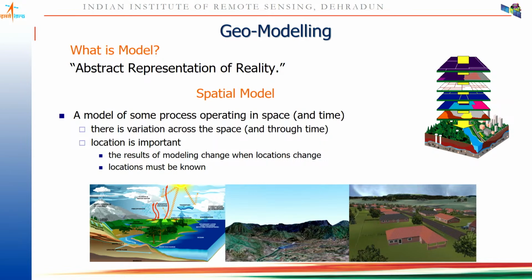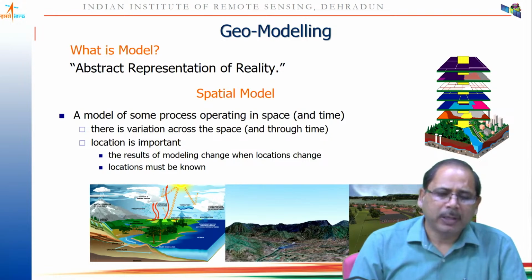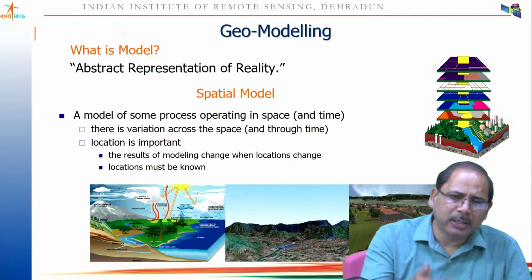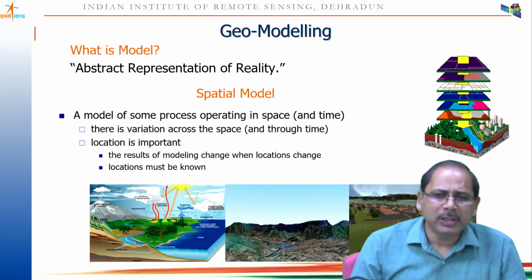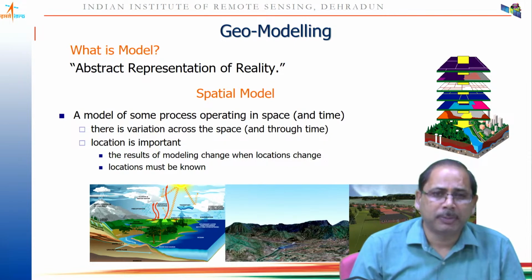Location must be known. As I told you, models are abstract representations of reality. Suppose you are interested in generating future scenarios by considering historical data and present data, then you have to apply some models on that. Models will generate the future scenarios, and which scenario is best will depend on the knowledge of the subject matter expert.